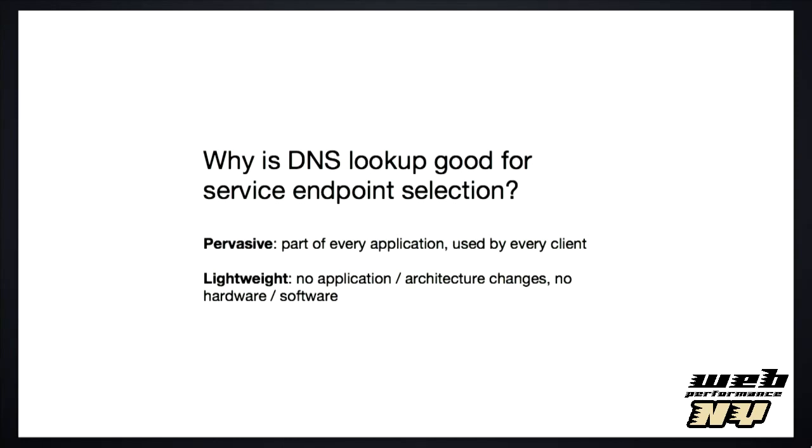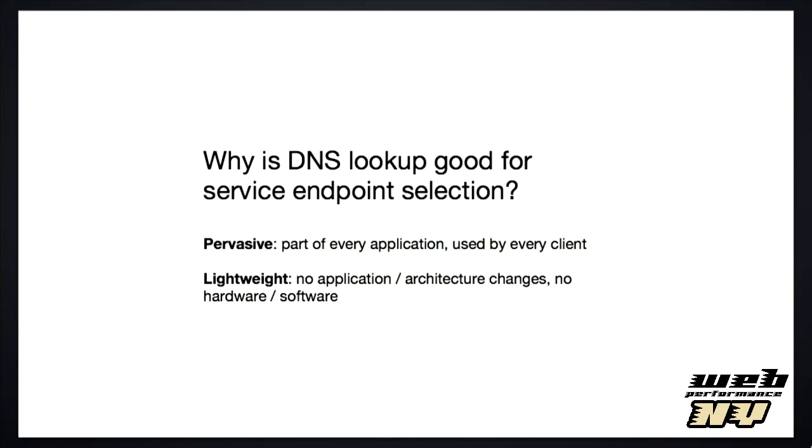Another reason is that DNS lookup is pervasive. It's been around since 1983-ish. And everybody is using DNS, whether they're thinking about it or not, right? When they enter a domain name, or even behind the scenes when you talk to api.whatever.com out of your mobile client, there is a DNS lookup in that process. Another reason is it's really very lightweight, right?